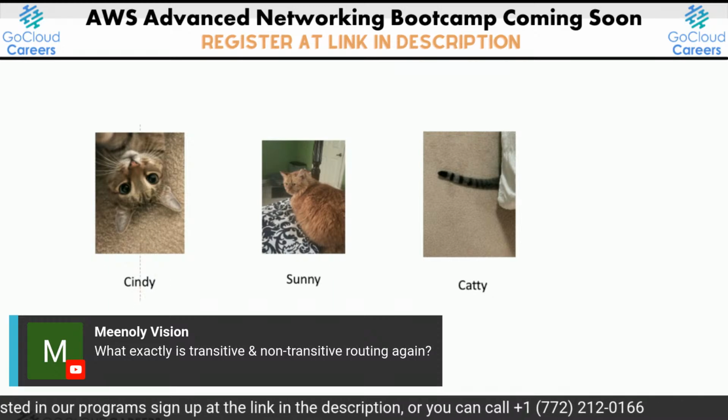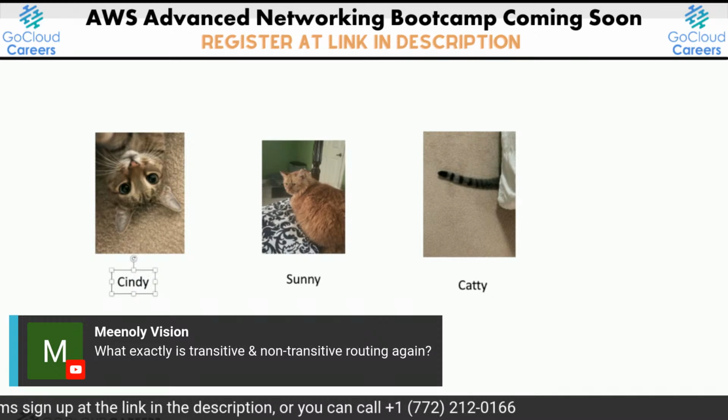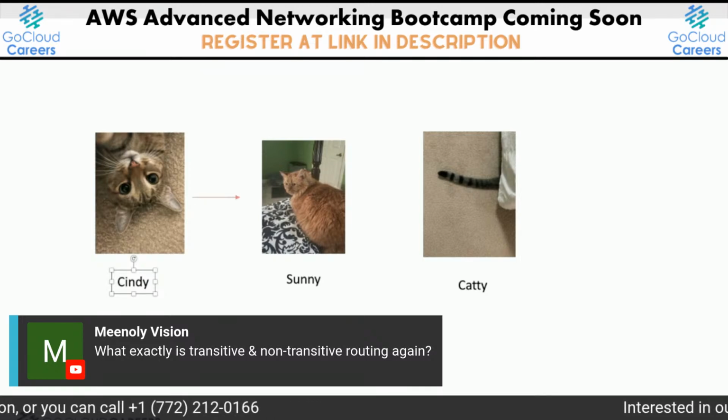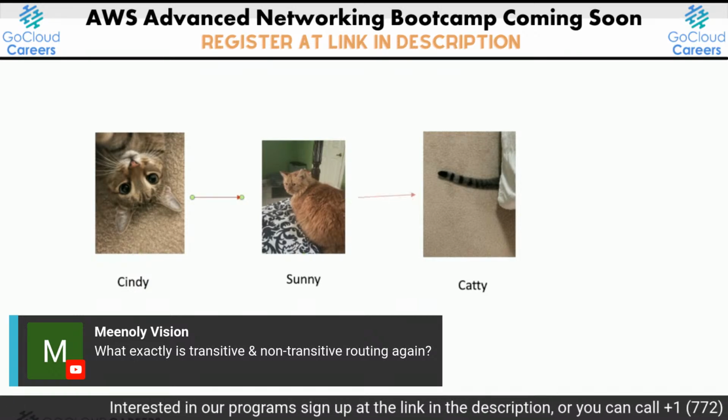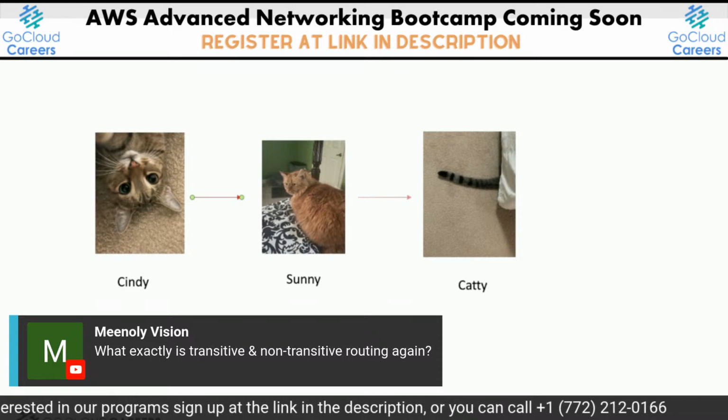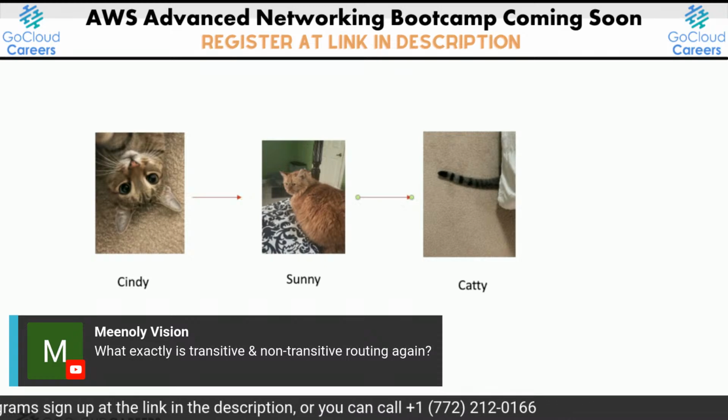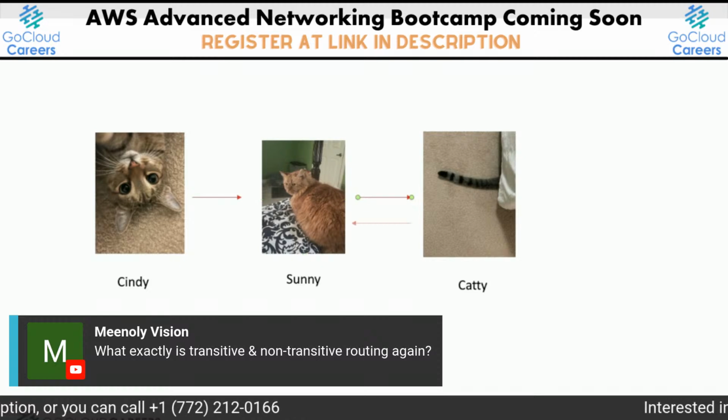Here's transitive routing. Cindy tells Sunny about the beautiful salmon that I cooked for her for dinner. And yes, I cooked for her for dinner. And then Sunny tells her friend Caddy, hey, at Mike's house they're cooking salmon and seared ahi tuna. And then Cindy says, hey, Sunny, how do I get to Mike's house?